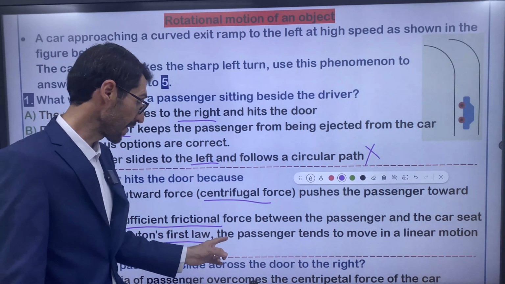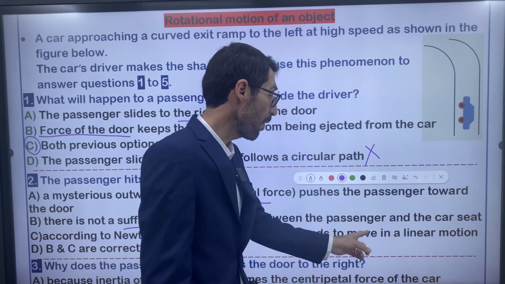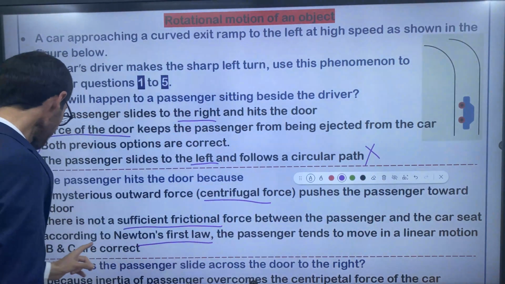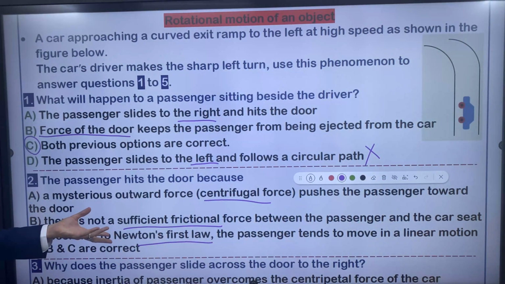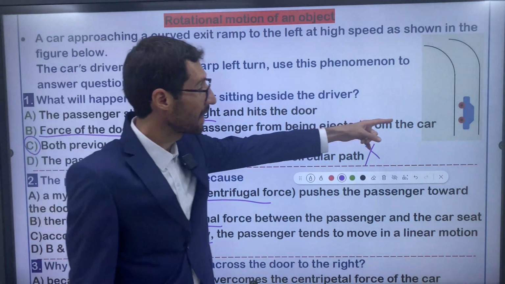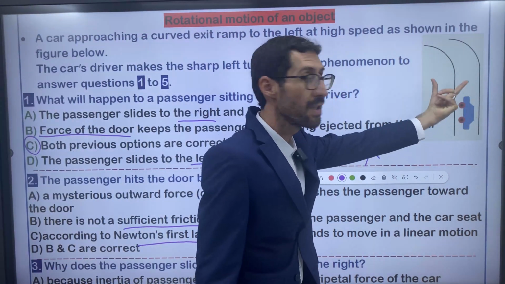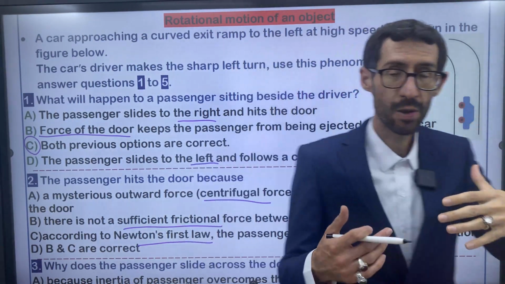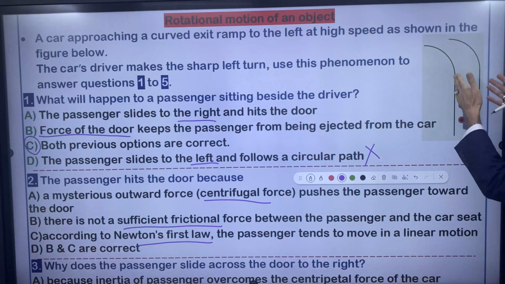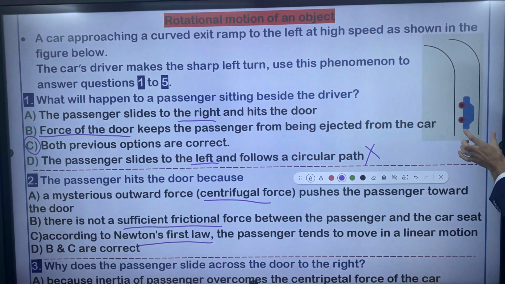According to Newton's first law, the passenger tends to move in a linear motion. It's true, actually. At the beginning, there was a straight path.